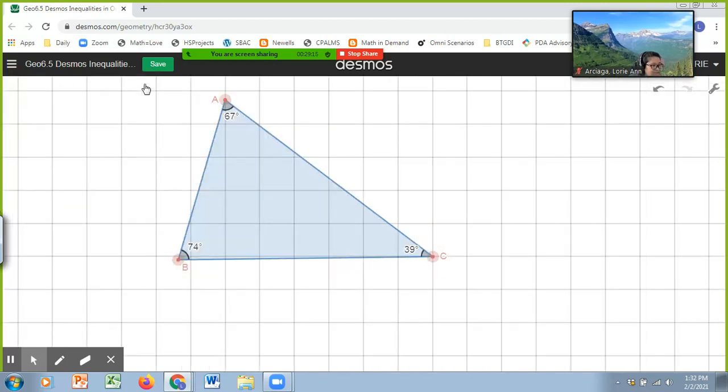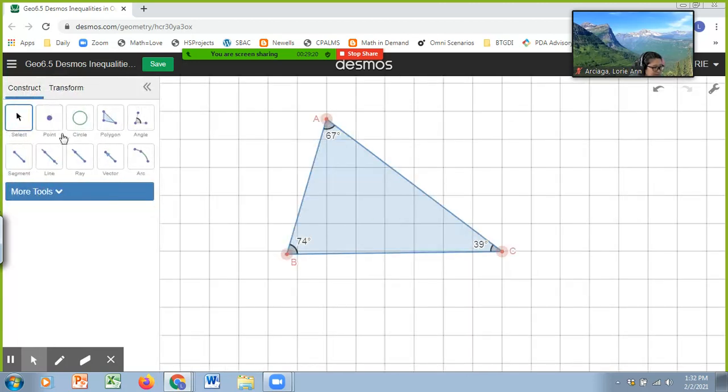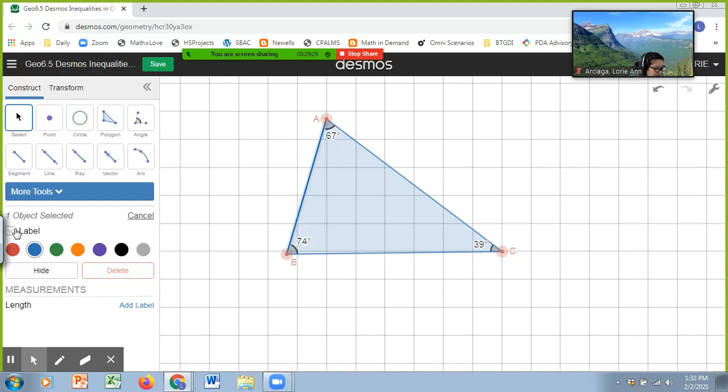Really? That's so cool. Okay, so like this? Yeah. But keep the thing out. So press the sides of the triangle. Okay. And then label? Oh, at measurements, it says measurements. Oh, okay. Thank you. It's different from GeoGebra, huh? Okay, so Rihanna said you click on the side and then go to measurement and then you click on add label.